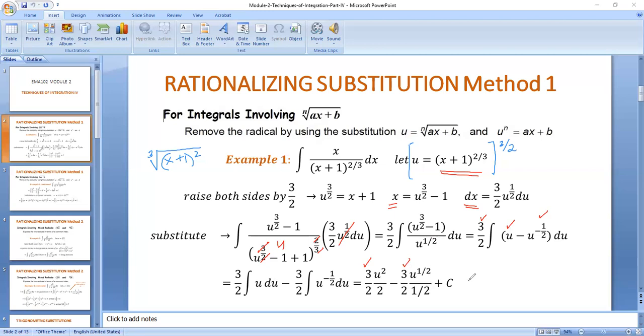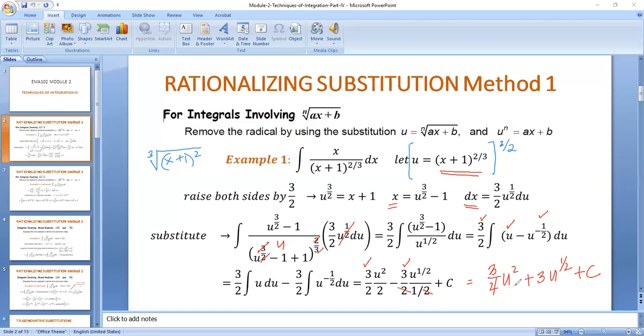Now this gives you an even simpler expression, which is 3 over 4 u squared plus these two will go up. It will cancel with this 2 here. So you will have 3 u raised to 1/2 plus c. Now, before I go on, do you follow the process? From the substitution down to the use of the power rule here.